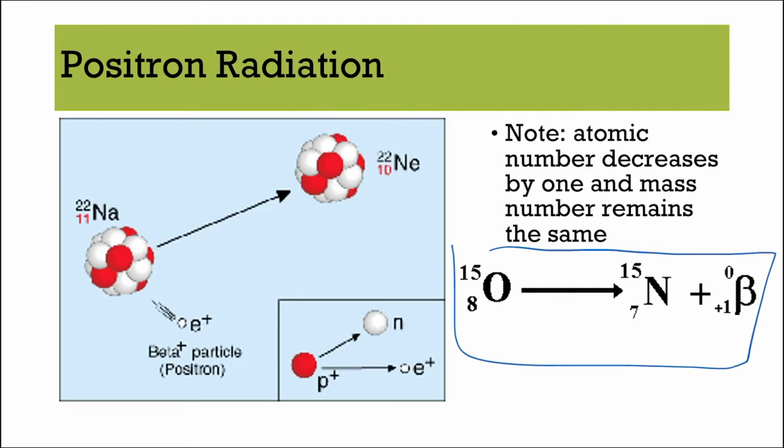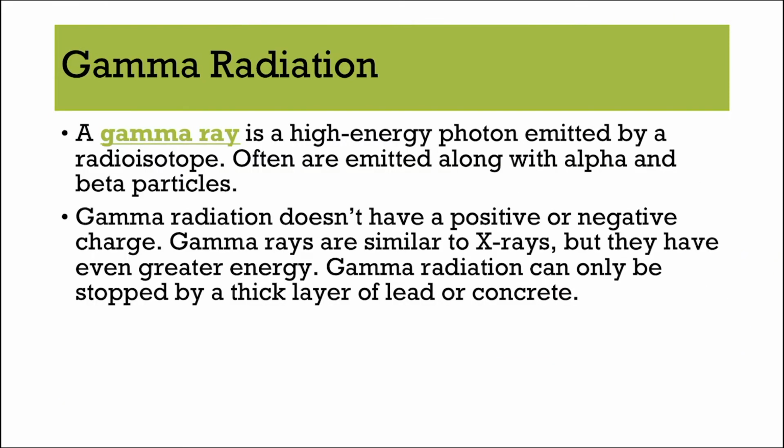Moving forward, the last type of radiation is gamma radiation. A gamma ray is a high energy photon that is released by these radioactive isotopes. These gamma radiations are not positive, not negative; they're just high energy photons, or light particles.